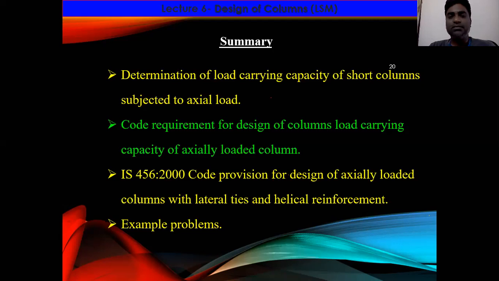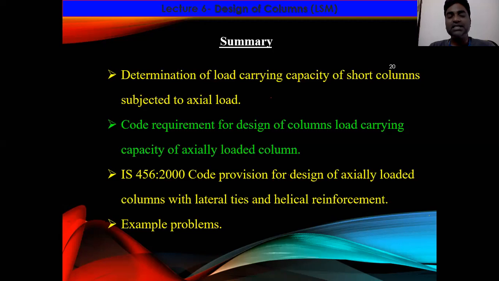So you need to check, because the formula which is proposed is applicable for short, axially loaded columns. That is also important. How to check whether it is axially loaded or eccentrically loaded? As per IS 456-2000, the minimum eccentricity is calculated from a given formula, and that e minimum should not be greater than 0.05 times the lateral dimension of the member.